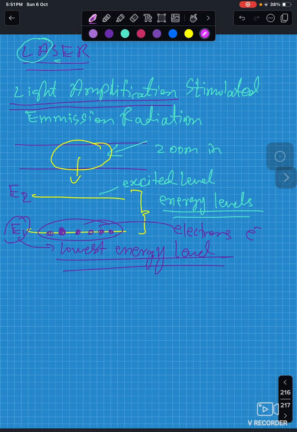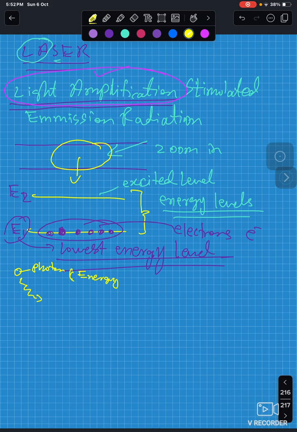Now what is the process? Light amplification. Okay, first of all we'll talk about light amplification. Let's suppose this is a photon, but I will be taking it as an energy wave.